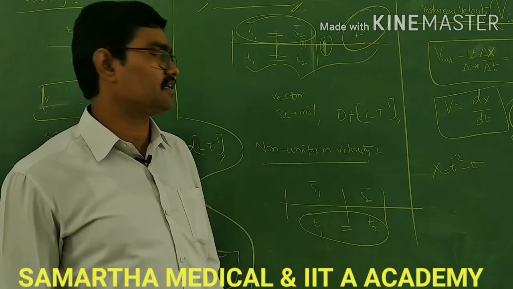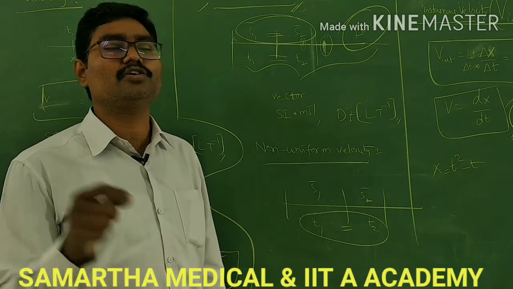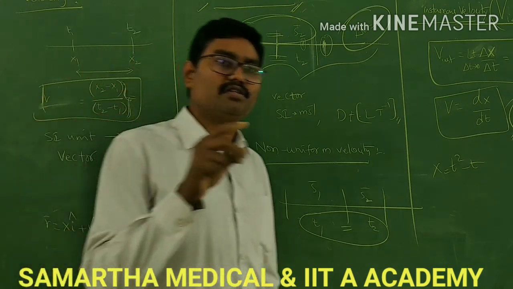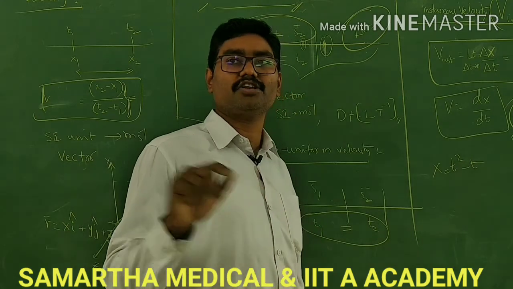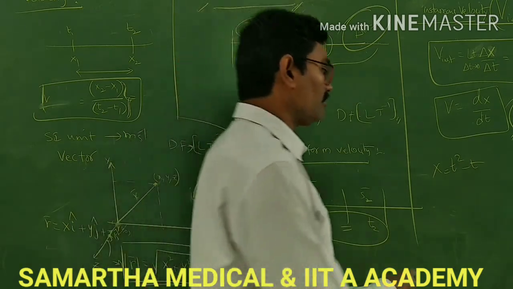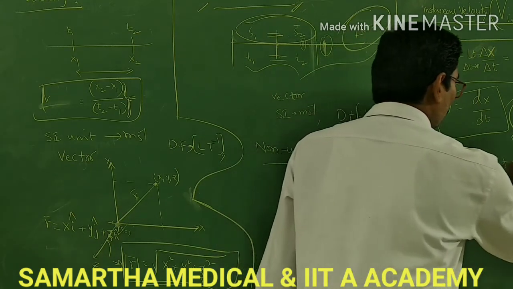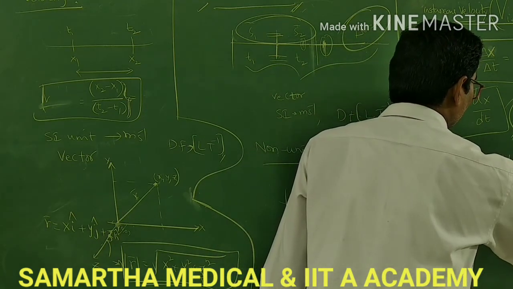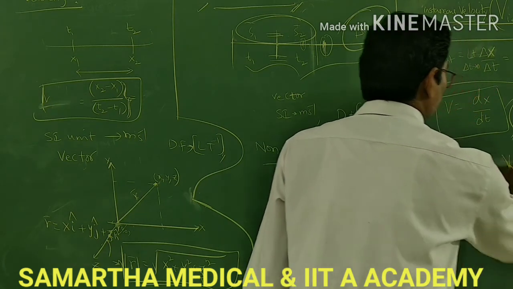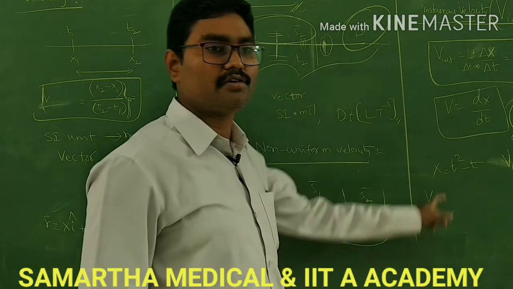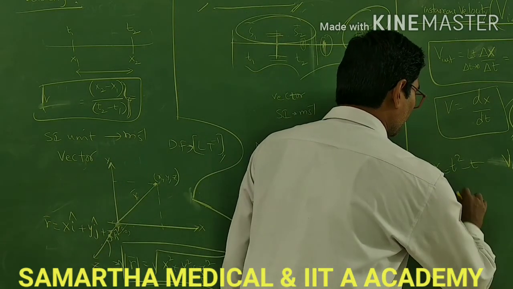Then what is the instantaneous velocity at t equal to 3 seconds? They may ask like that. So what we have to do: v is equal to dx by dt, d by dt of x.